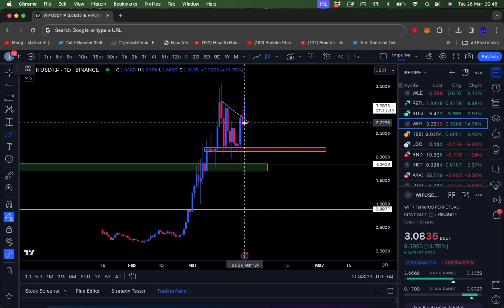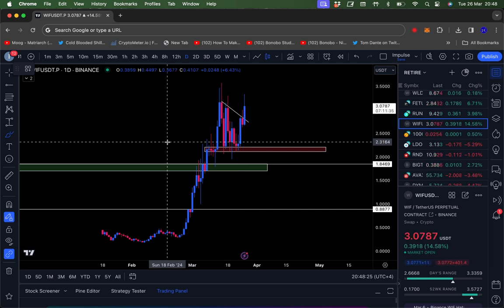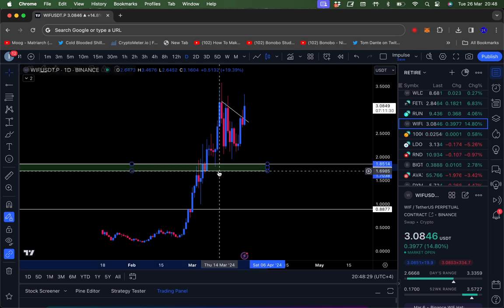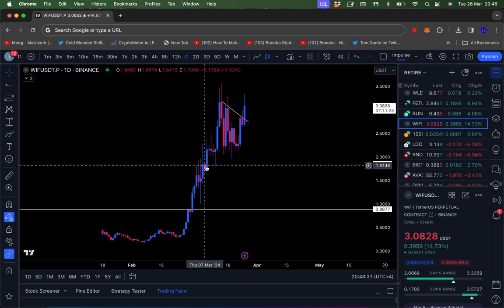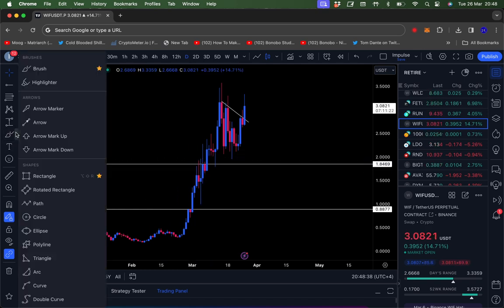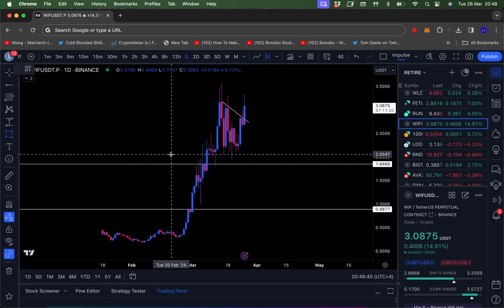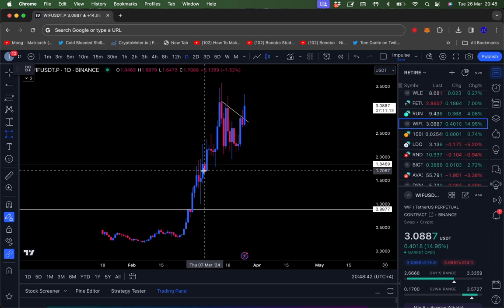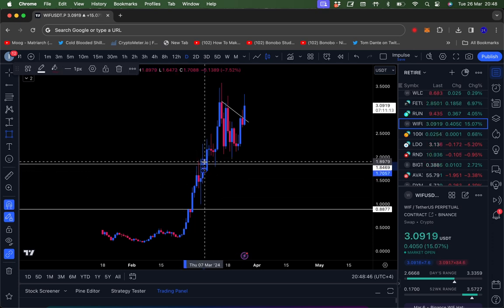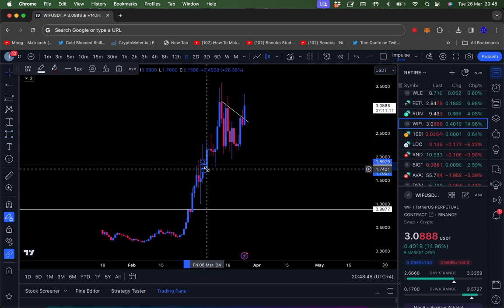An important thing to note when marking out these demand and supply zones is that with a demand zone, you want to use the low of the base and the highest body candle of the bullish candle, so to speak. So in this case, you would mark it like to here, because that's your order block.